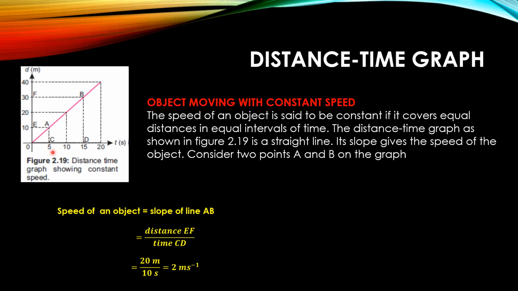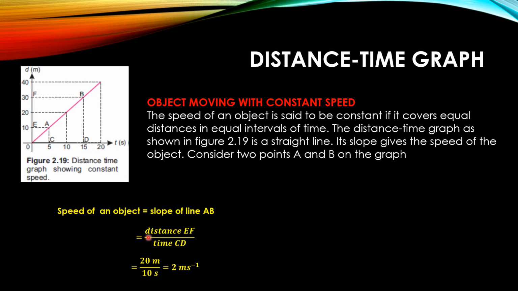Similarly, on the x-axis we will have this point as x1, and here we will have x2. The formula of the slope is y2 minus y1 divided by x2 minus x1. Here y1 is labeled E and y2 is labeled F. Here x1 is labeled C and x2 is labeled D.